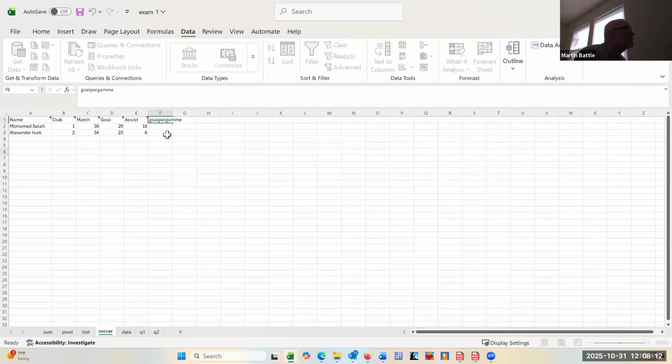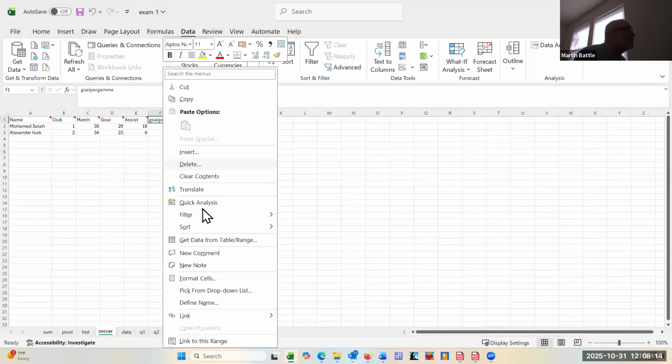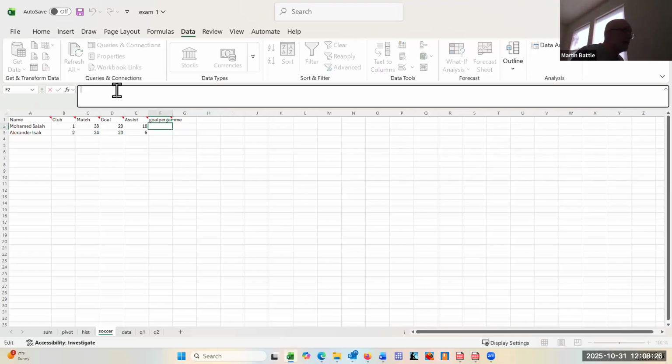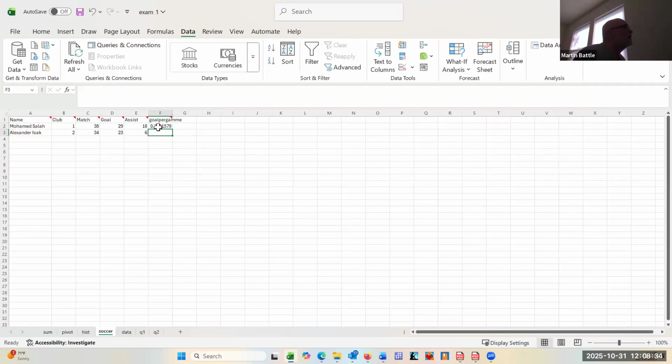But I'm going to create the variable which is goals per game. I'm going to note this. Goals scored per game played, and that's simply going to be equal to goals divided by matches, I think. Yeah.